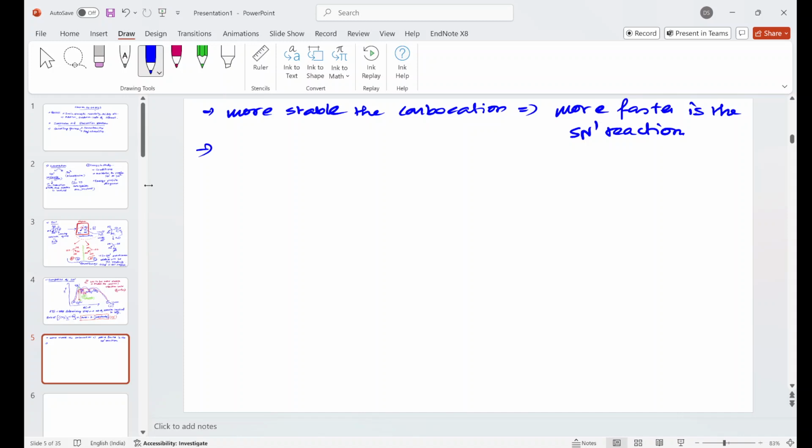And then you can write it as benzylic, then allylic.